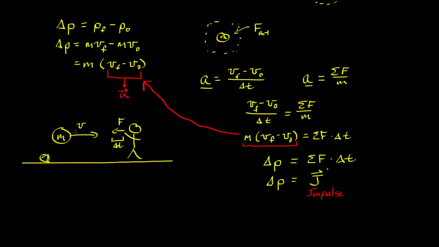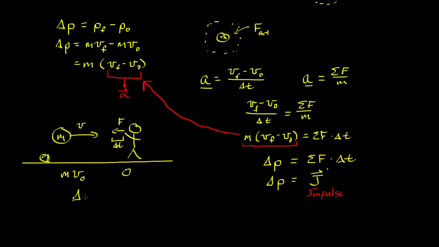So what's going to happen if we just stop it? When you catch a ball, you have a ball moving in with some velocity, and over a certain time period, you apply force to stop it. So the initial momentum is going to be mv naught, and the final momentum would be 0 because we stop it. So how much force if we had a time, that sort of thing.